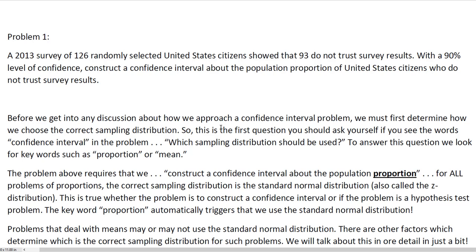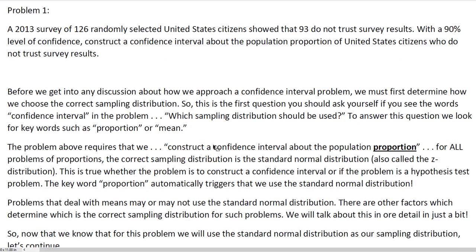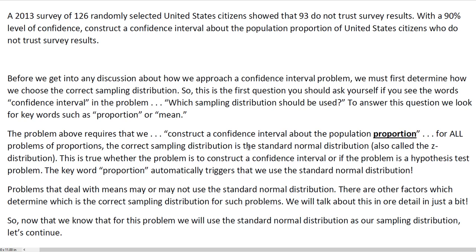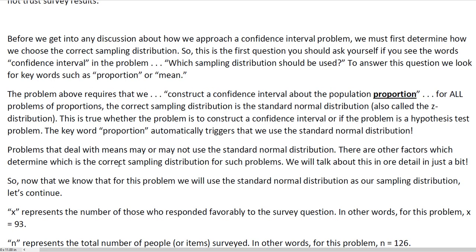If we're doing a problem that deals with proportion, we will always use the standard normal distribution. We can also call it the z distribution. Problems that deal with means may or may not use the standard normal distribution.